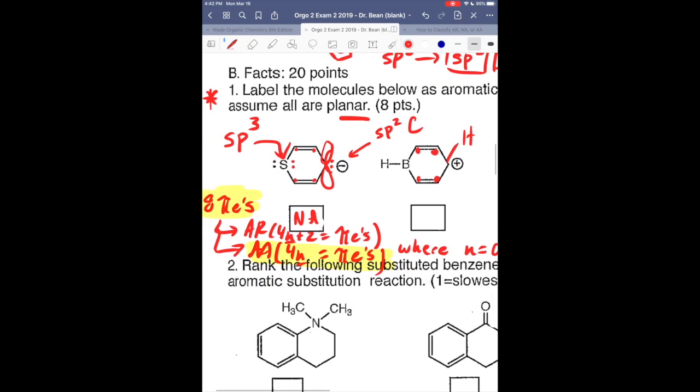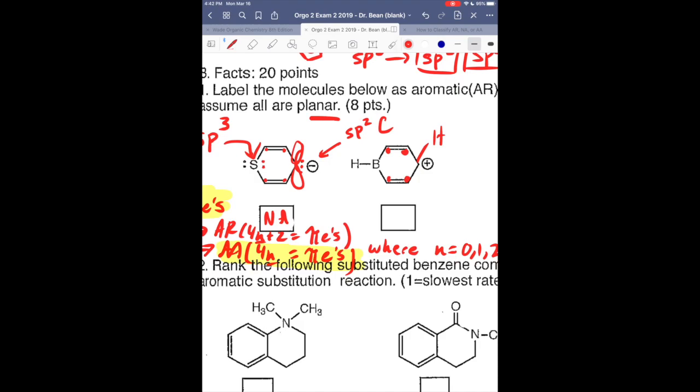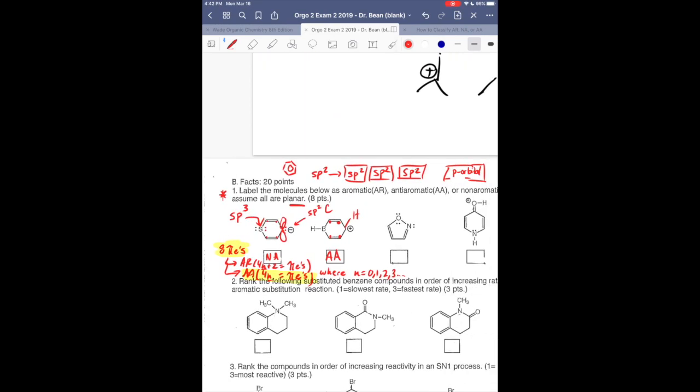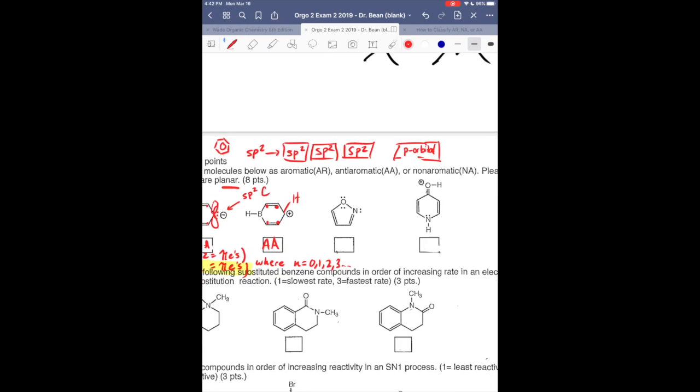If we have 4 pi electrons, n can be 1, right? That follows the anti-aromatic classification. There is no atom like sulfur or oxygen where you can make that decision in terms of the hybridization, okay? So it has to be anti-aromatic, and it's too bad, right?